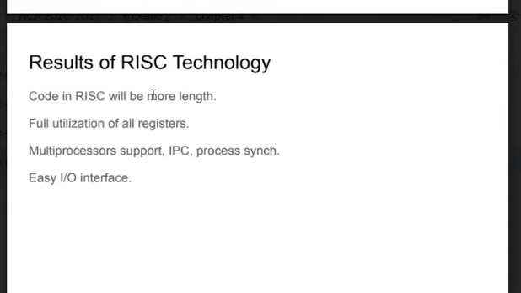Even though we have a good technique called RISC and the code length will be more, that doesn't affect performance. On the contrary, the greater instruction length actually increased performance, because if I write a program in CISC, each instruction will be of complex type.